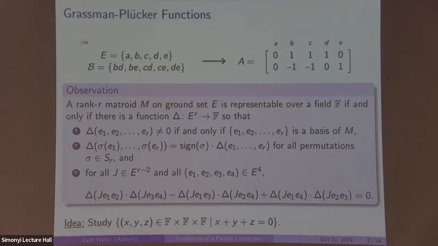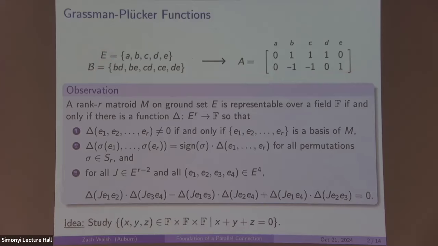You have some matroid like this one over here with ground set E and basis B, just a rank 2 matroid. And a representation over a field F, or a realization, is a matrix whose column set is E and whose bases of the column space are the bases of the matroid.